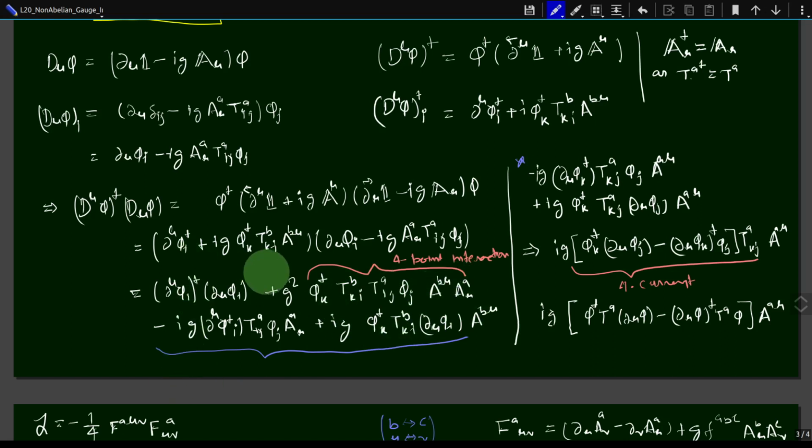And then come the cross terms, where del_mu phi dagger with this coupling, and t^a_ij phi_j is sitting over here coming from the second piece, and A_mu^a is sitting over here. And here the first piece will be phi dagger t^a A^mu, and del_mu phi_i from here is multiplying.